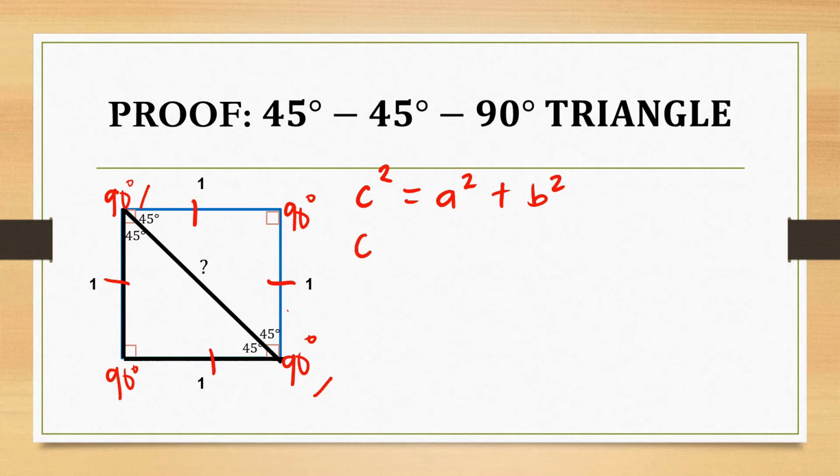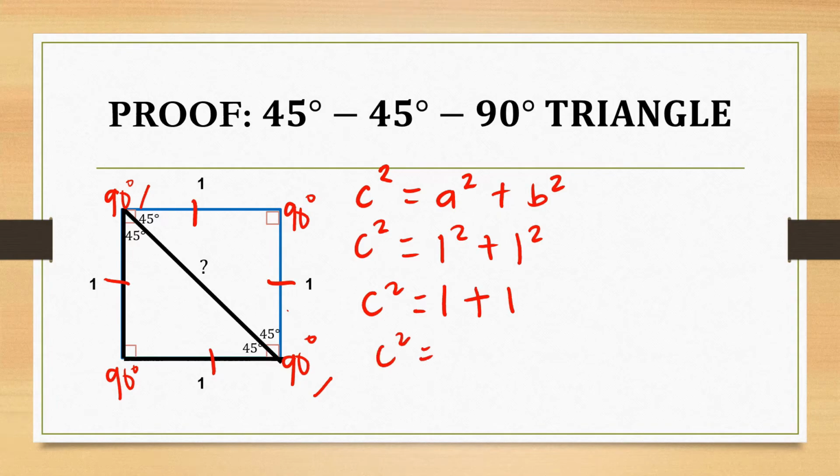So, c squared is equal to 1 squared plus 1 squared. That is 1 plus 1, that is 2.